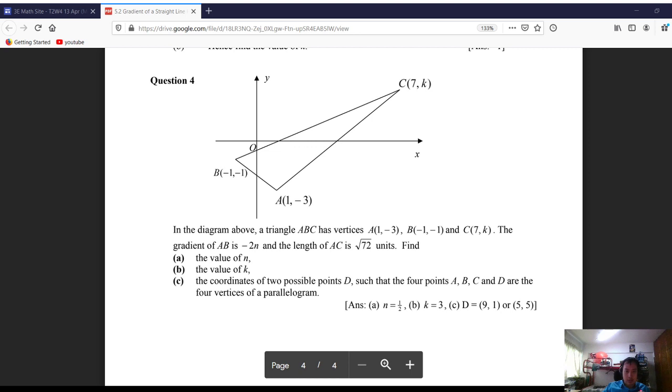Okay, so let me memorize the points. -1, -1, 1 minus 3. Okay, so here are the points.